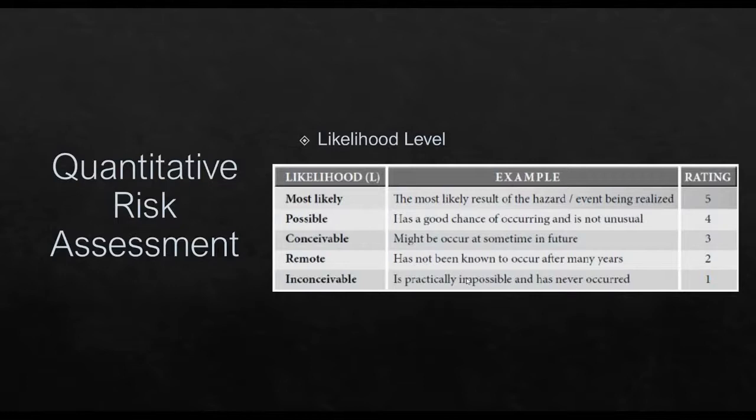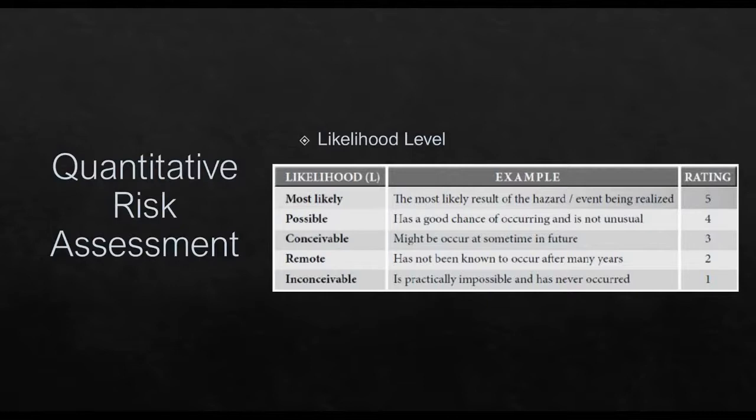So we identify the hazard, and then the likelihood level of that hazard, if that hazard is realized, might be impossible or has never occurred. Or maybe we identify the hazard, and then we try to assess, or take a look at the likelihood of that kind of hazard.